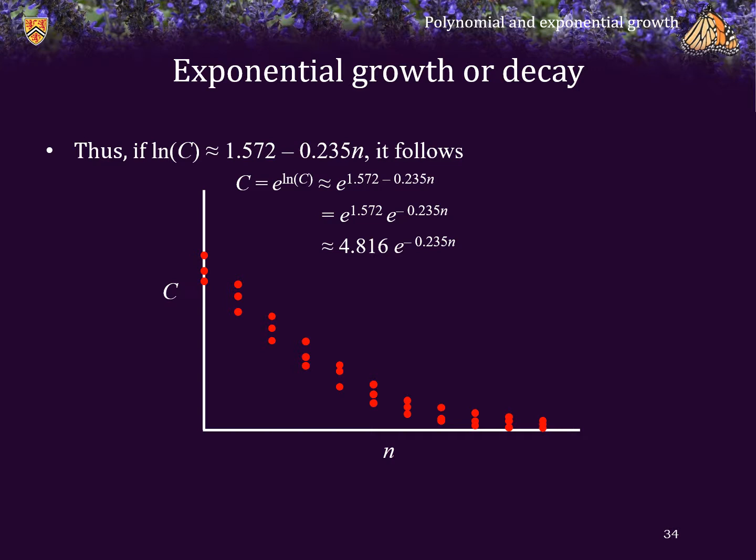So when n is equal to 0, this is equal to 4.816, and if you want to find out what the count will be approximately after n units of time, then you would just substitute n into this expression and do the calculation. So we can also plot that, and that plot shows us that, yeah, that's probably quite reasonable that that data does indeed come from an exponential decay.